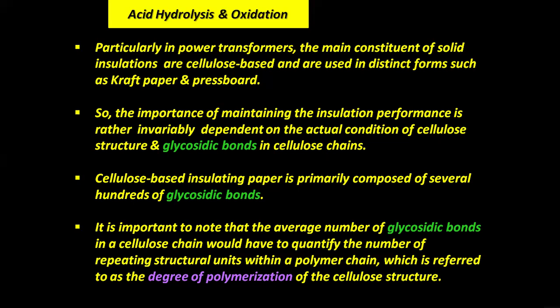Cellulose-based insulating paper is primarily composed of several hundreds of glycosidic bonds. It is important to note that the average number of glycosidic bonds in a cellulose chain quantifies the number of repeating structural units within a polymer chain, which is referred to as the degree of polymerization of the cellulose structure.